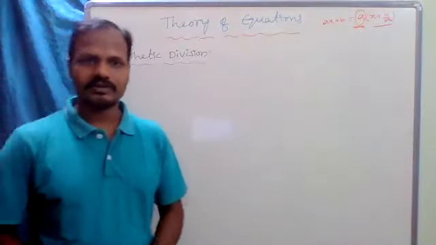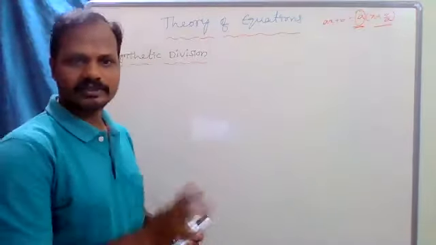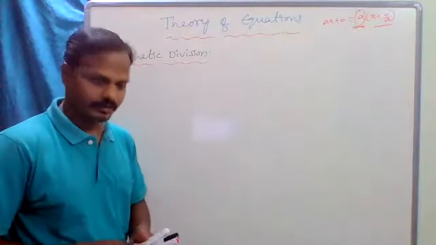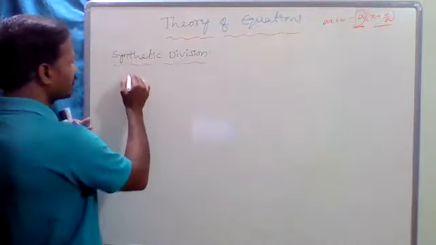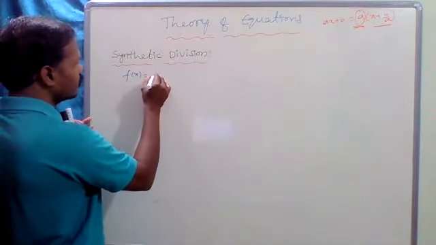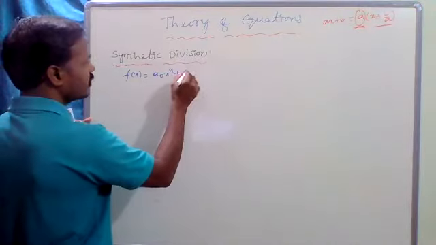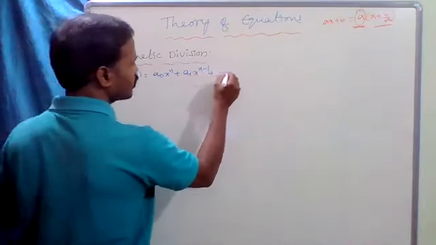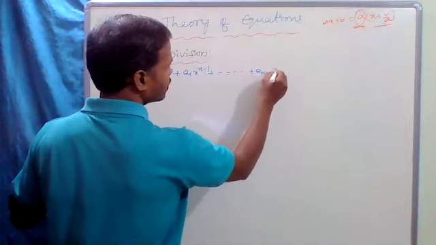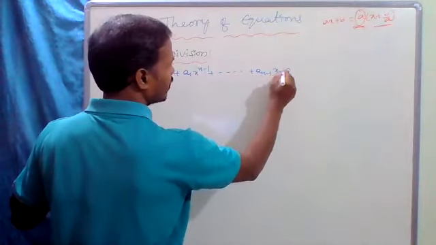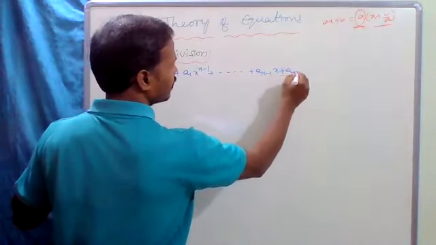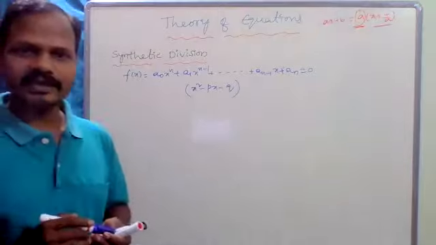Okay, next, so synthetic division, the first method is over. Now the second method. The given polynomial equation is f of x equal to a naught x power n plus a1 x power n minus 1 and so on, plus a n minus 1 x plus a n equal to 0. Now we are making division with x square minus px minus q.